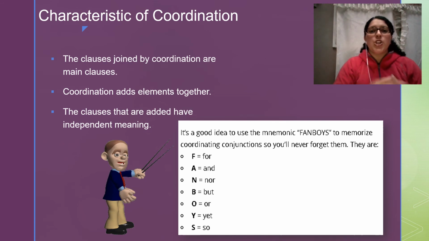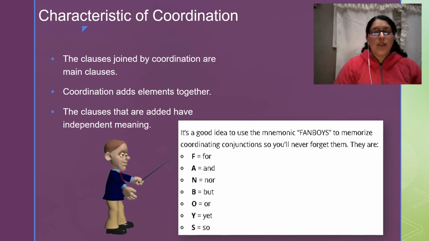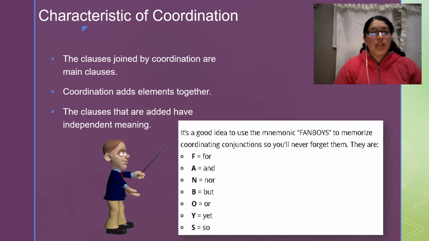Also, we can use the mnemonic FANBOYS to memorize coordinating conjunctions. For example, F with for, A with and, N with nor, B with but, O with or, Y with yet, and S with so.